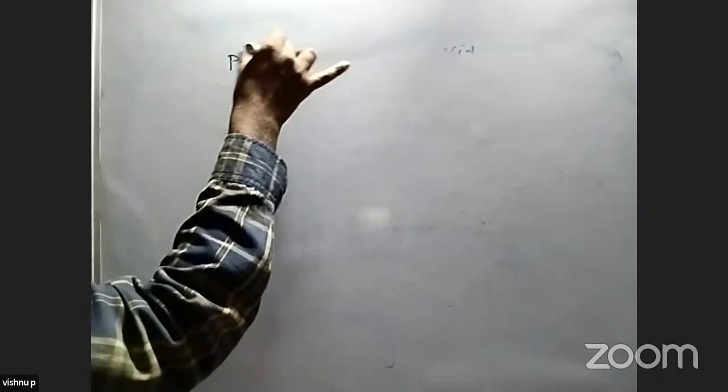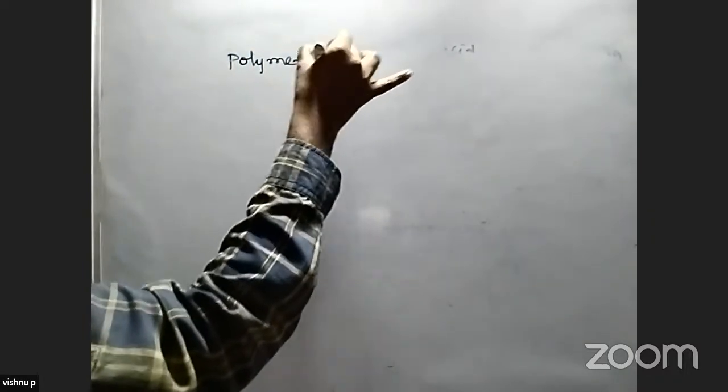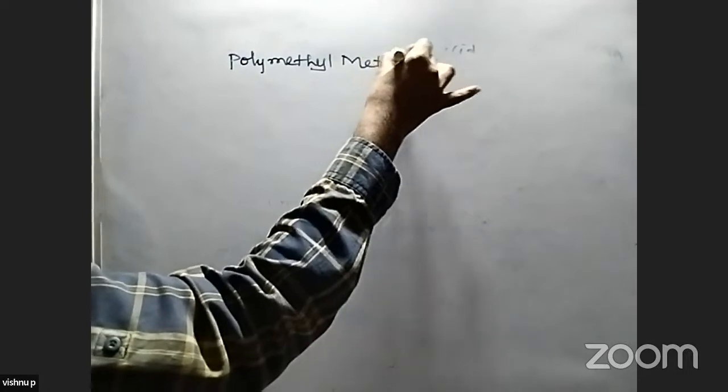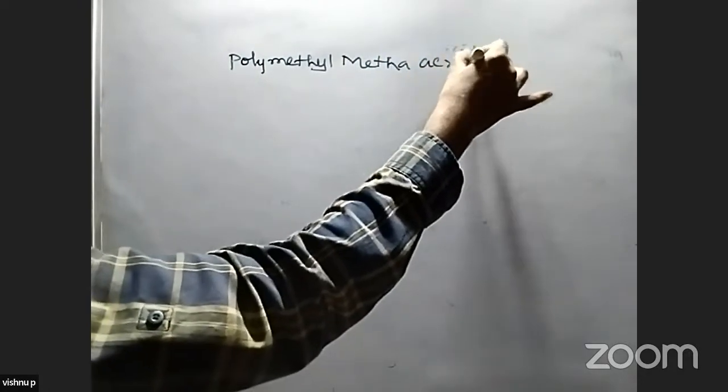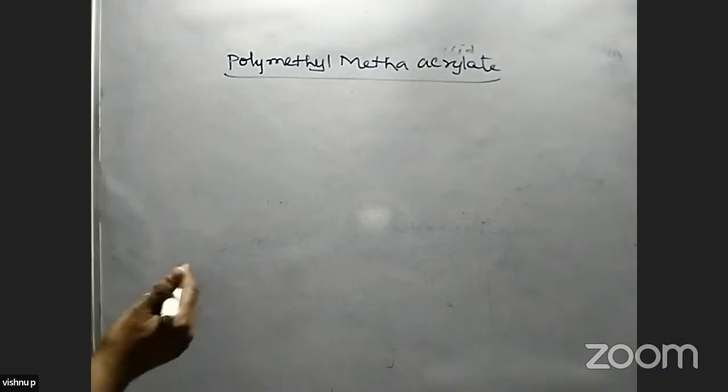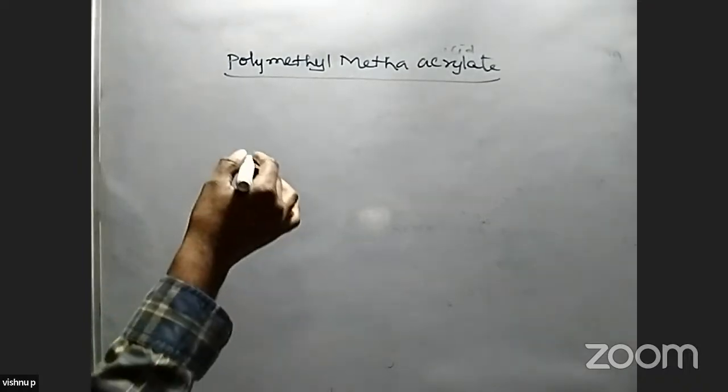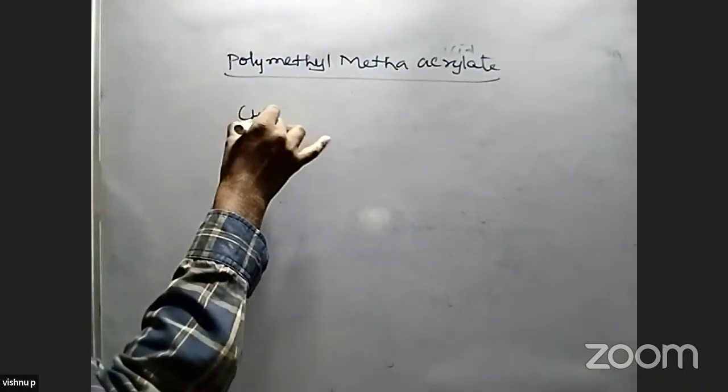The next type of polymer is polymethyl methacrylate, one more important polymer. So what are the monomer units here?